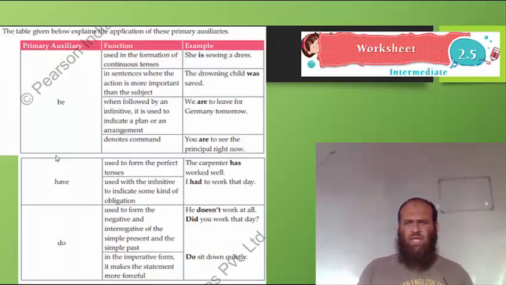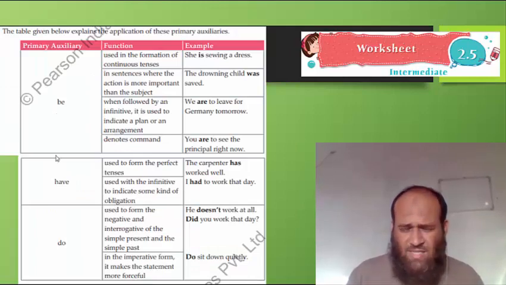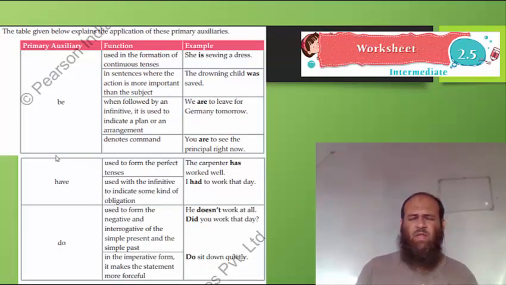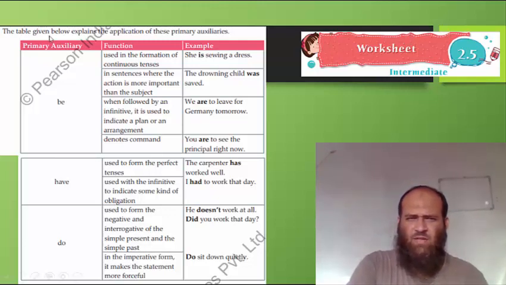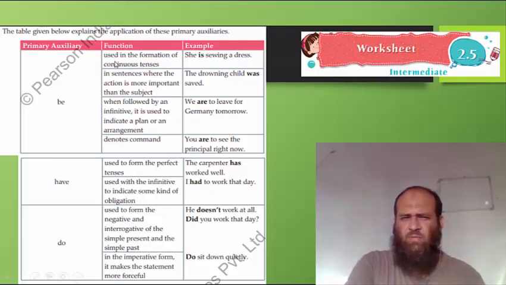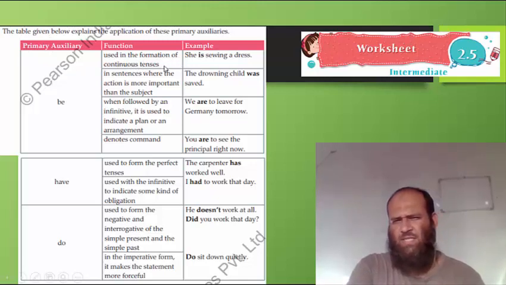This table gives us a detailed understanding of auxiliaries. Let us see here. Be has different forms. Primarily, it is used in the formation of continuous sentences that I told you earlier. She is sewing a dress.